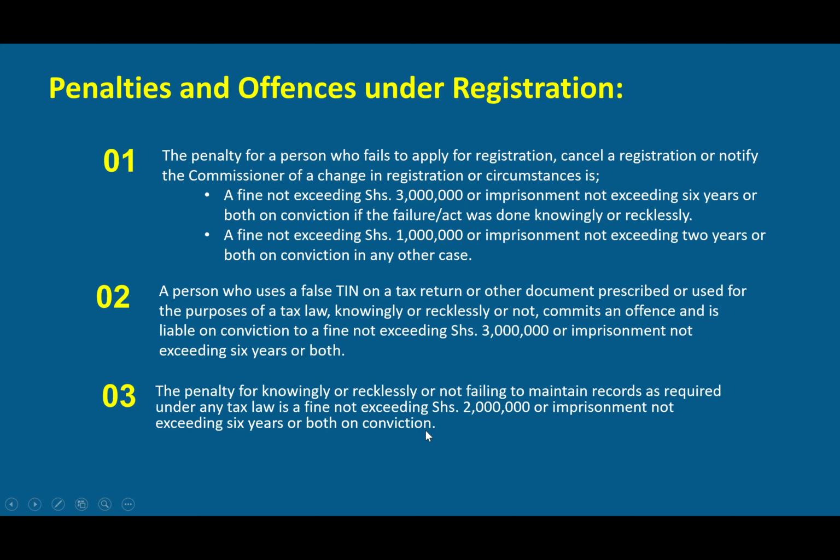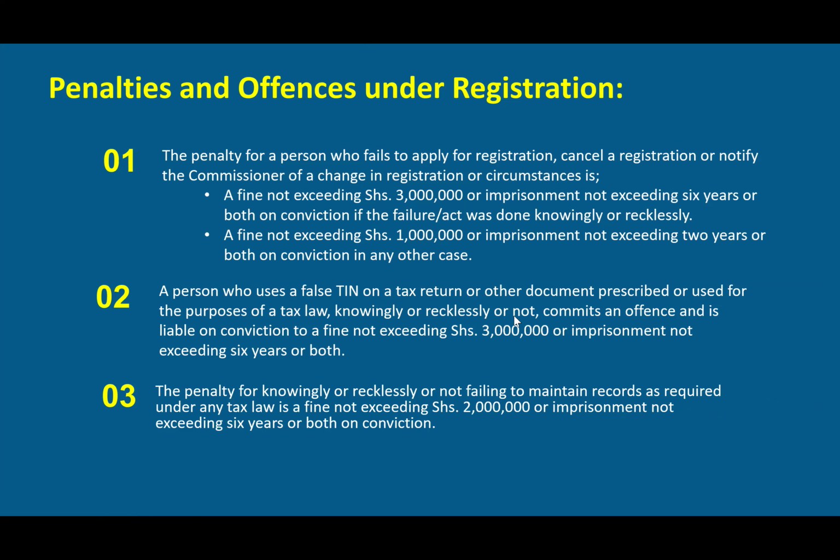The penalty for knowingly or recklessly failing to maintain records as required under any tax law is a fine not exceeding 2 million, or imprisonment not exceeding 6 years, or both on conviction. You see that? That's how things are, and people don't know that these things are happening.